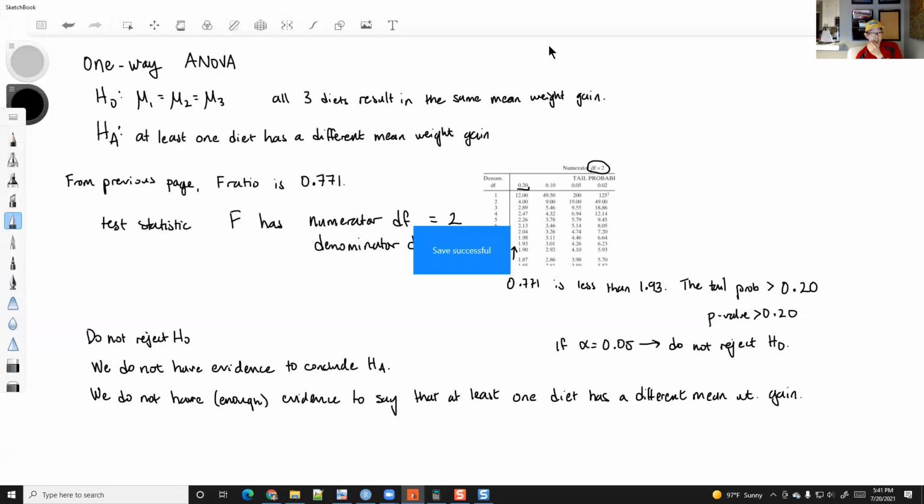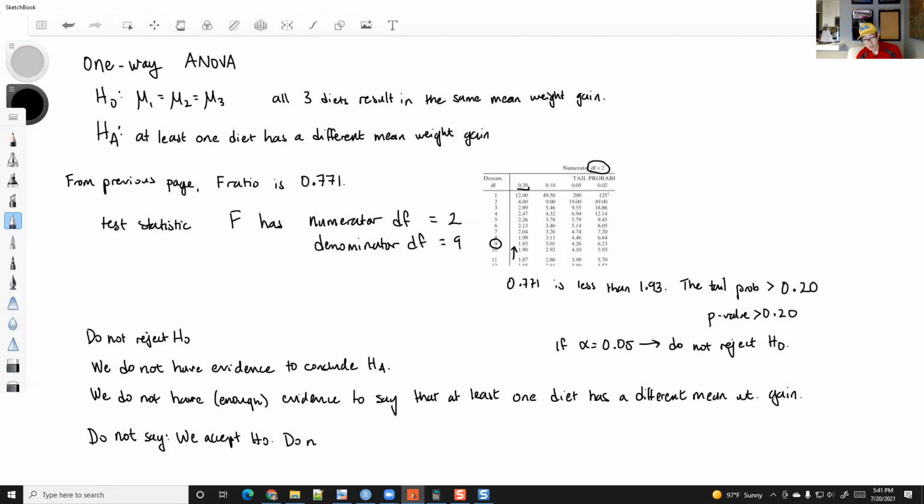Okay. So again, do not say we have evidence that all three diets result in the same mean weight gain, right? So do not say we accept the null hypothesis.